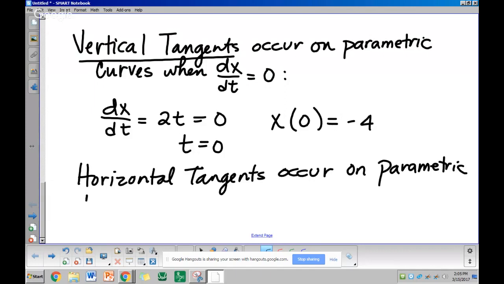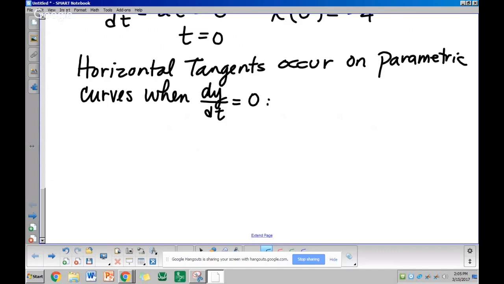On parametric curves, when dy/dt is equal to 0, because that's the numerator. And in our situation here, dy/dt was 1/2. Will this ever equal 0? It will never equal 0, therefore we don't have any horizontal tangents for this parametric curve.